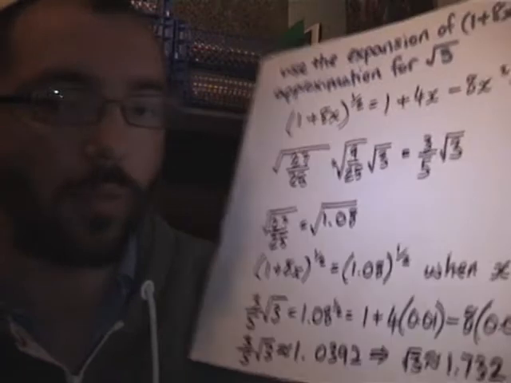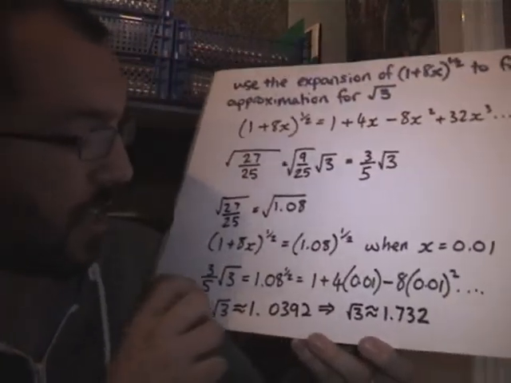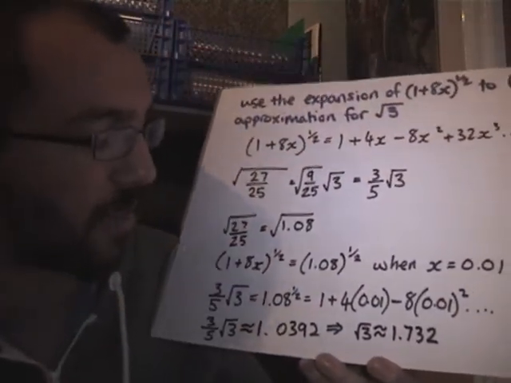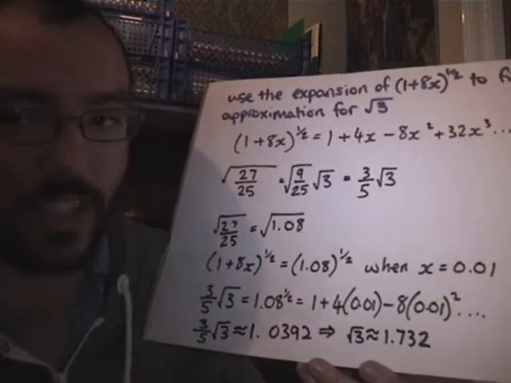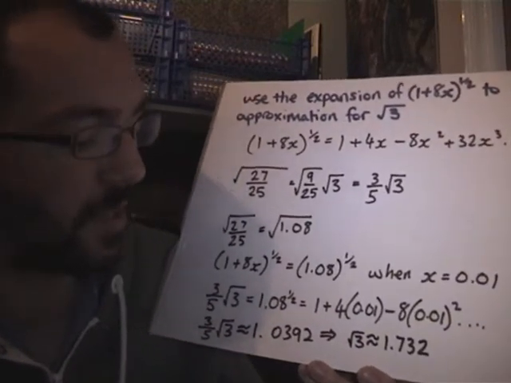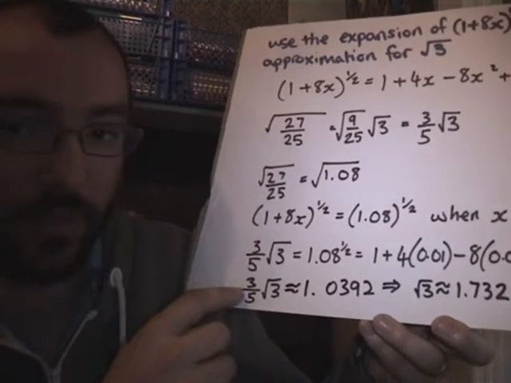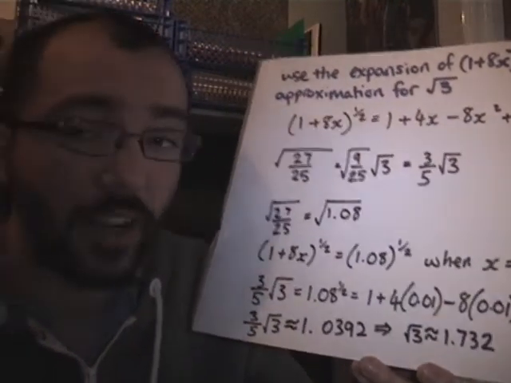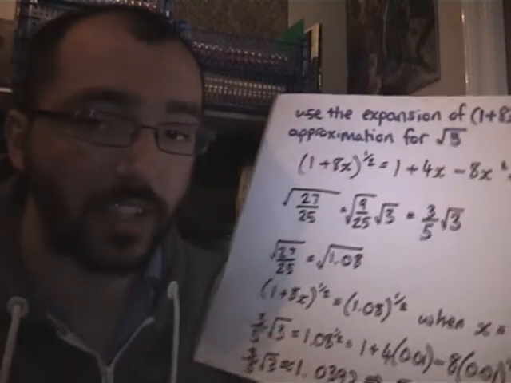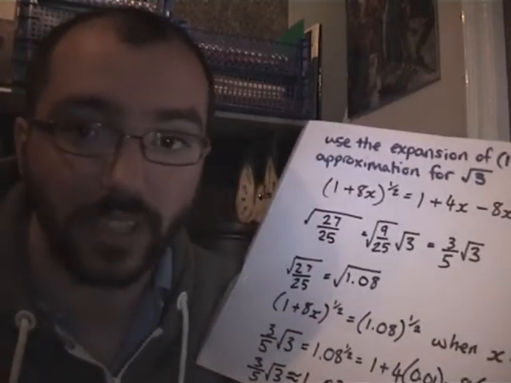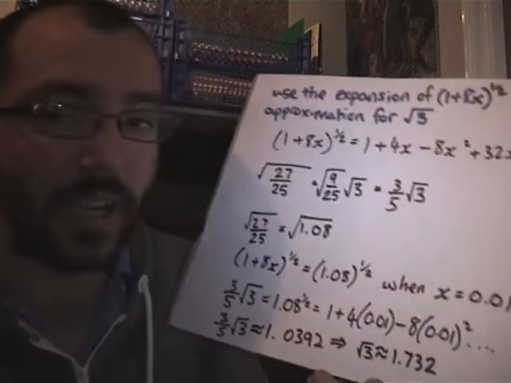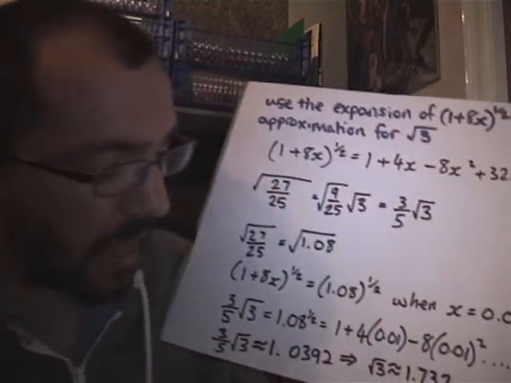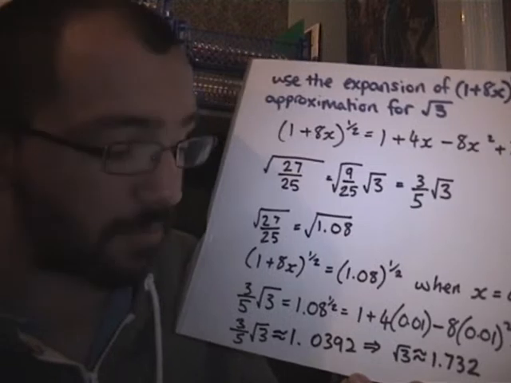So what I have done is I've put my bits of work in together, put in my 0.01 for my value of x in my expansion, worked that out so that 3/5 of root 3 is approximately equal to 1.0392. You might notice I only ended up using the first 3 terms. I wanted to show you that these things get quite accurate quite quickly, so 3 terms is pretty close.